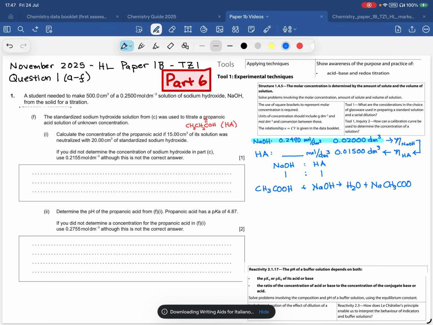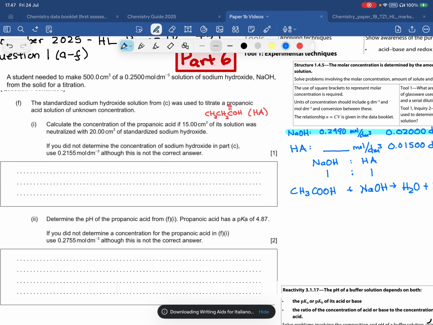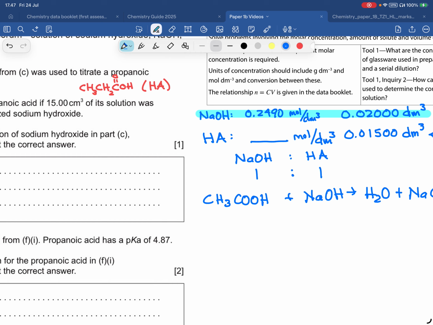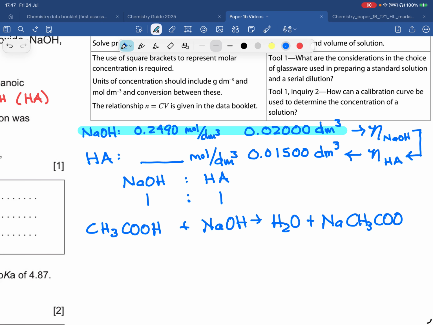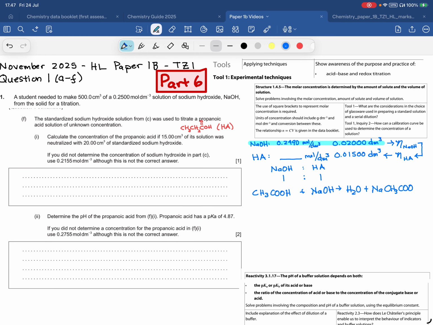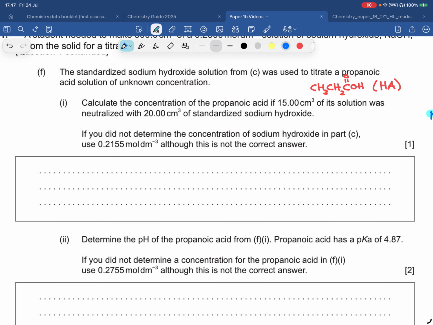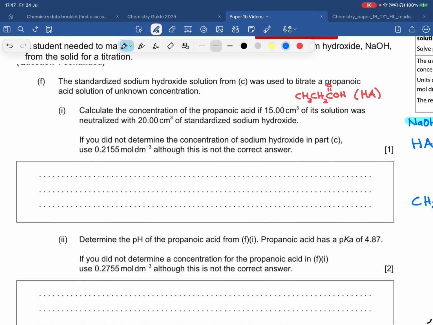So what we're going to do is now generally I would teach my students to do this in 2 steps. I would first do the moles of the sodium hydroxide, then I would translate that into the concentration of the acid. You don't have to, you can do it at one time, but that is the way I'm going to show it. All right, so the number of moles of sodium hydroxide is equal to the number of moles of propanoic acid. Now you do not have to put this.